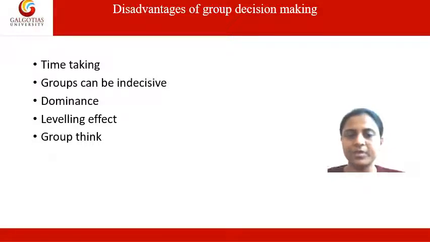One of the biggest limitations is the phenomenon called groupthink. Now, groups can lead to groupthink, which can be defined as a mode of thinking that people engage in when they are deeply involved in a cohesive group. Here, people just want to maintain unanimity with the group.